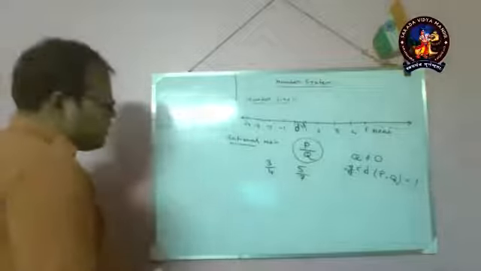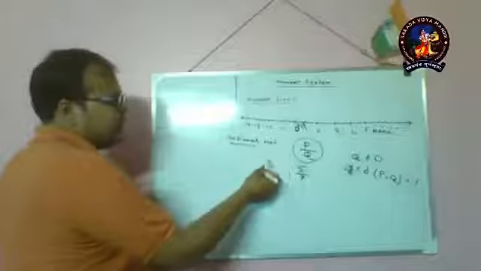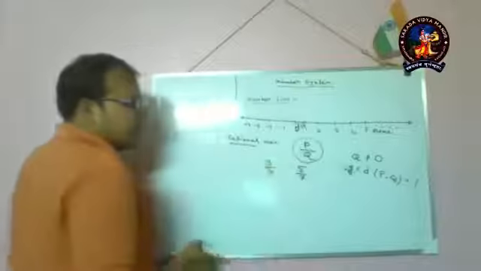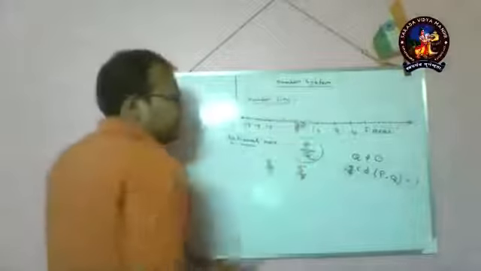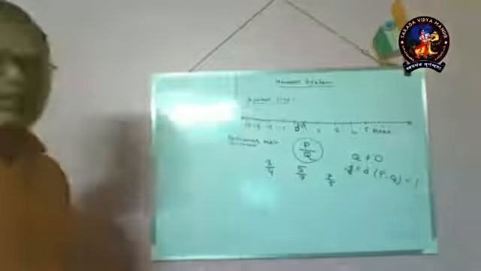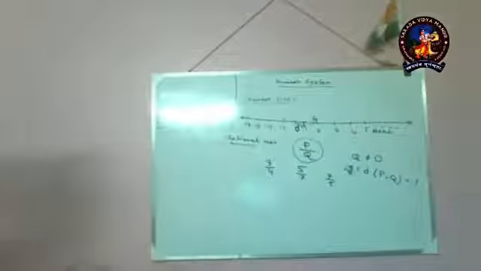So they are rational numbers, and we can express them on the number line. 3/4 is less than 1, so it should be between 0 and 1. 5/7 is also less than 1, so it is between 0 and 1. And 7/5 is greater than 1 but less than 2, so it should be between 1 and 2. This way we can express rational numbers on the number line.